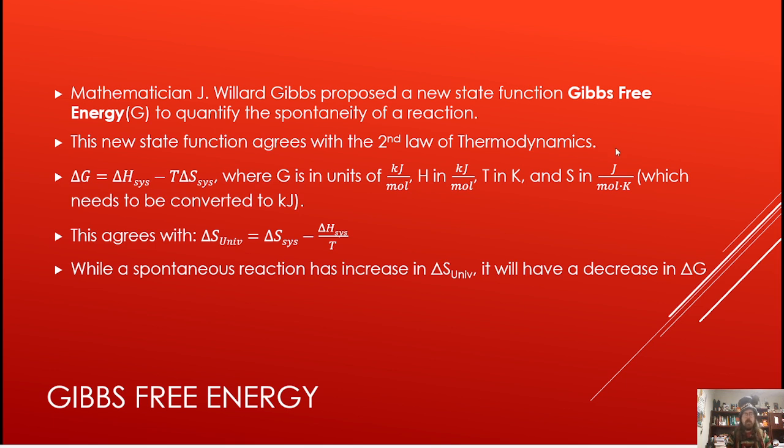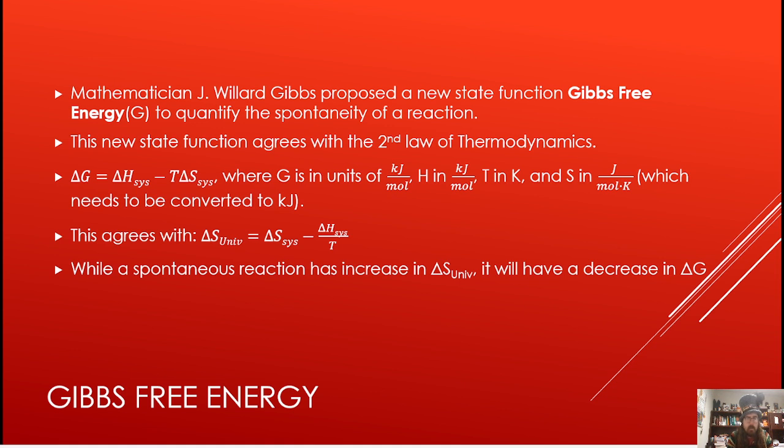So this was developed by the mathematician J. Willard Gibbs, producing a new state function, G, in order to quantify the spontaneity. Gibbs and entropy are both state functions, much like delta H, much like enthalpy.